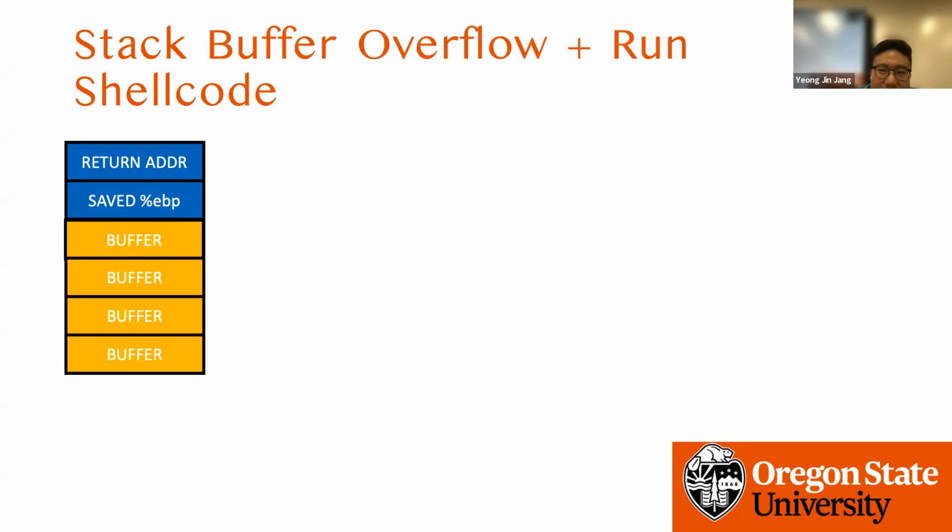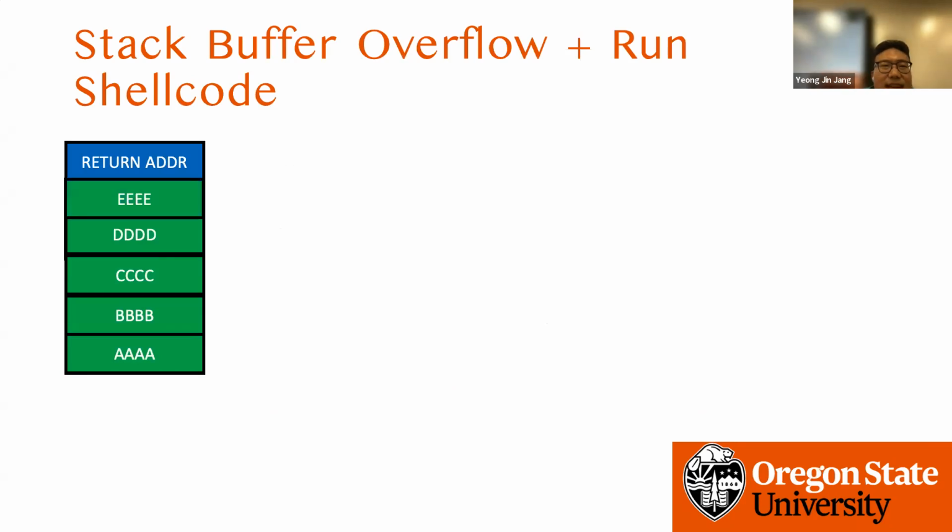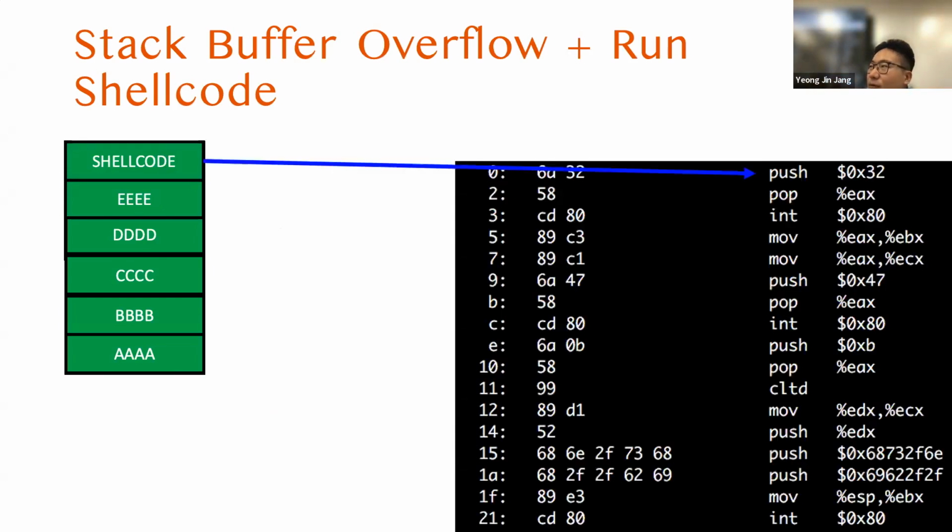Let's do a little recap about the stack buffer overflow and running shellcode out of it. After identifying the buffer overflow vulnerability, we fill the buffer, then alter the control data. Specifically, we overwrite the return address with the address of the shellcode. Then we jump to it, and the CPU will run it. But to make this attack possible, we need to know where your shellcode is located in the program's memory space.